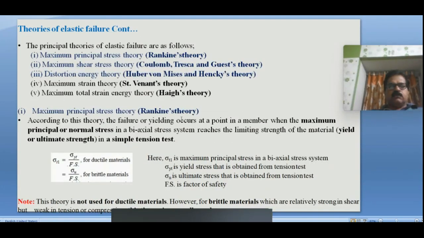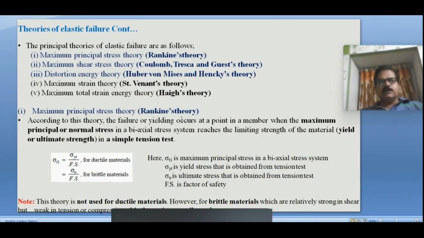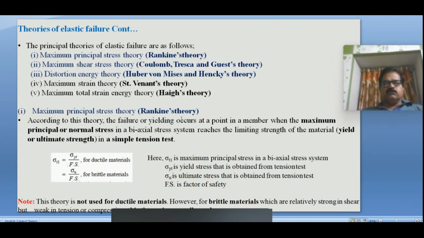There are a total of five theories of elastic failure, and they are maximum principal stress theory, also known as Rankine's theory, and maximum shear stress theory, also known as Coulomb Guest-Tresca's theory, distortion energy theory, maximum strain energy theory, and maximum total strain energy or distortion energy theory.